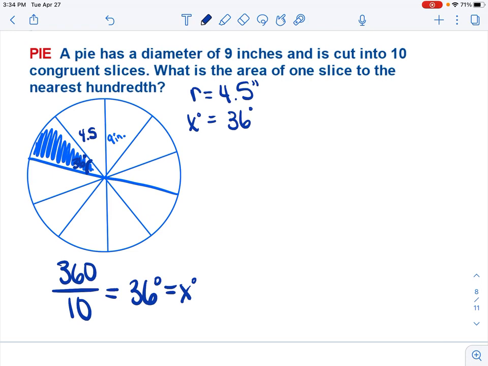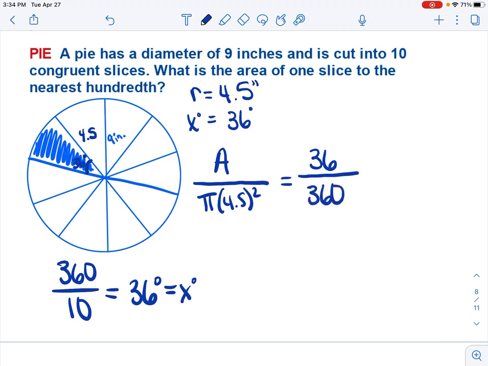You just go ahead and plug everything in. So you're finding the area of the shaded region over the area of the whole: pi r squared over the angle of the sector over the whole entire circle, 360. We go ahead and cross multiply to solve.